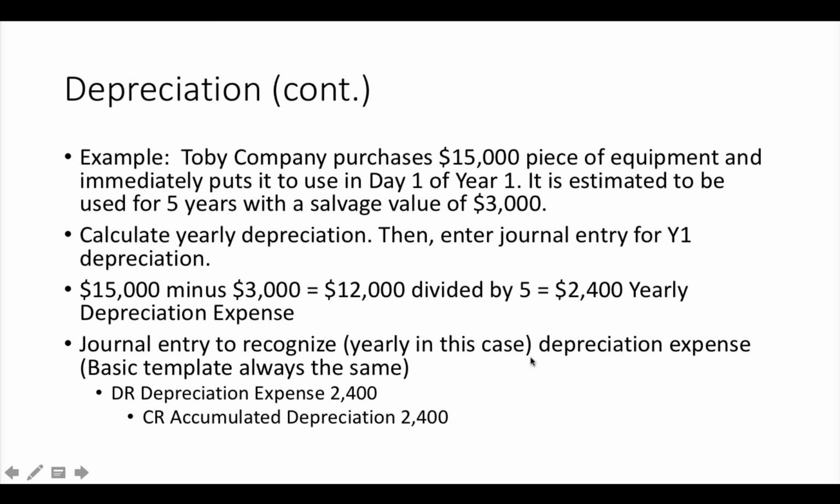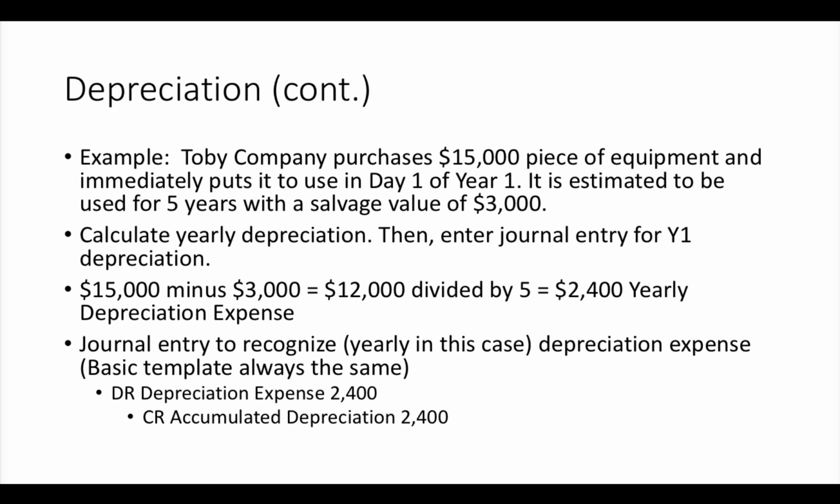Now, if you purchased somewhere during the middle of the year, this equation that I just gave you would be the yearly amount, but for the first year that you had that asset, you would have to prorate the amount based on what portion of the year you had held the asset for.